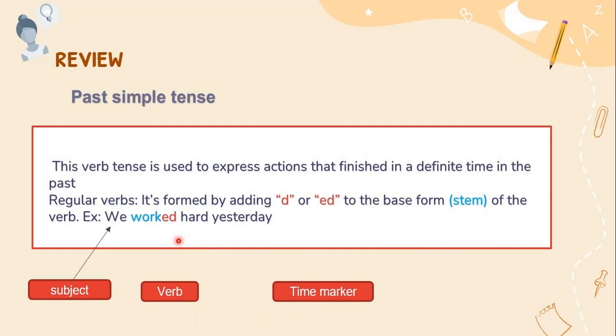Then we have the verb worked: the stem is work, plus ed at the end, so here we have a past verb. Worked hard yesterday. Yesterday here is a time marker which defines a specific time in the past.